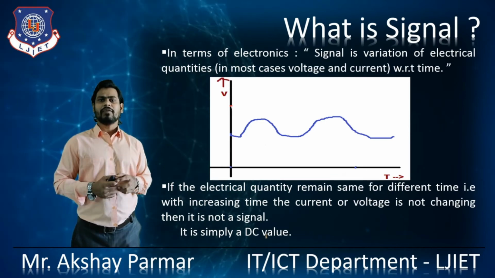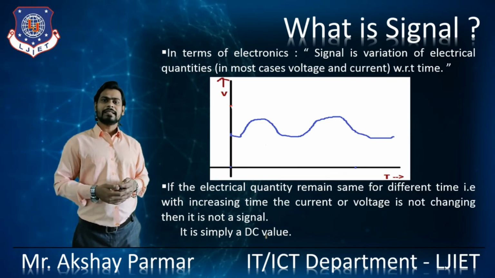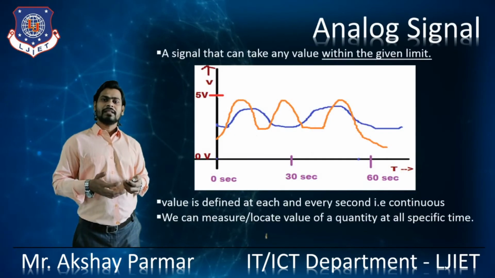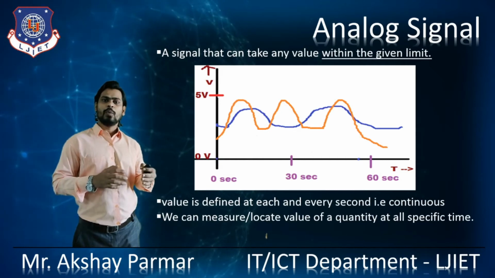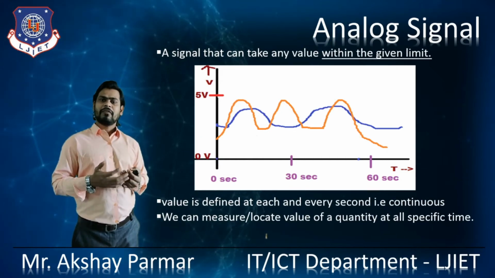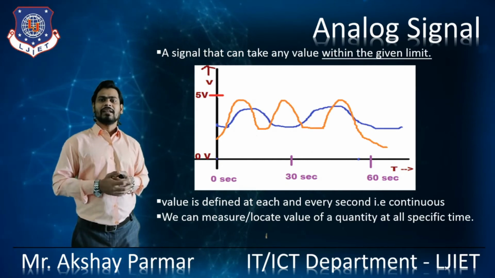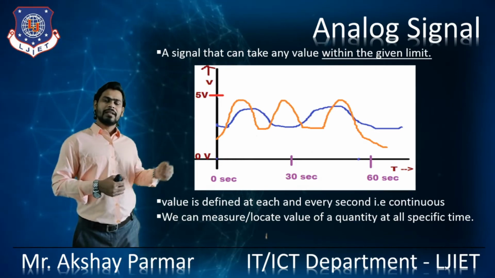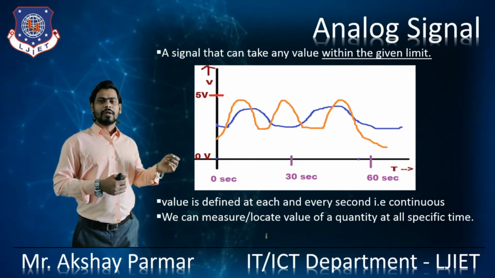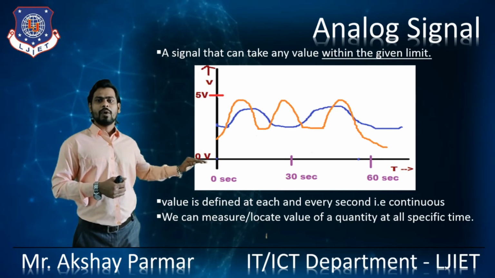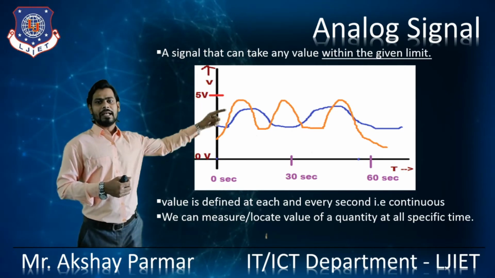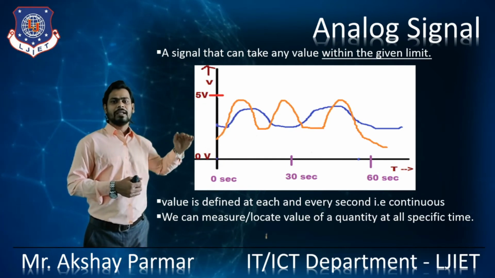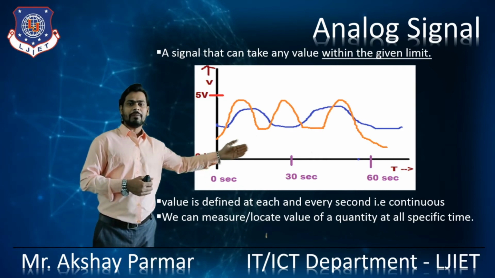There are mainly two kinds of signals, analog and digital. Let's see the analog signal first, right? It is a signal that can take any value within the given limit. Any kind of voice is a form of analog signal. Here in the graph you can see that you can take any value between 0 volts and 5 volts at any given time interval, right?